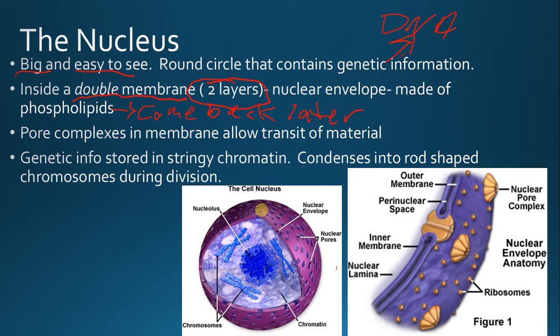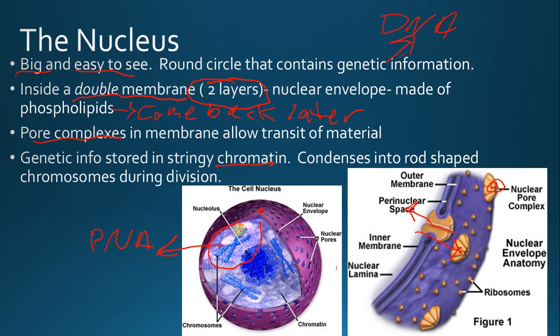And it has these little holes in it right here, called nuclear pores, created by proteins that bridge the double membrane, and that's called the nuclear pore complex. And it allows materials such as RNAs and proteins to go back and forth. And inside of the nucleus, we have the genetic information, the DNA, that is stored in chromatin.